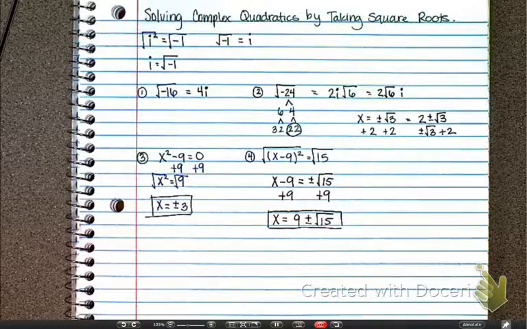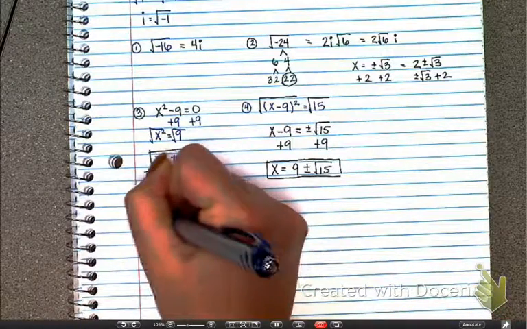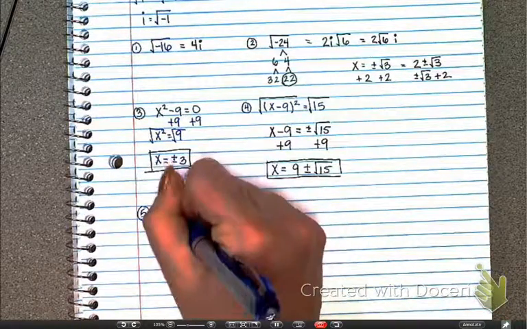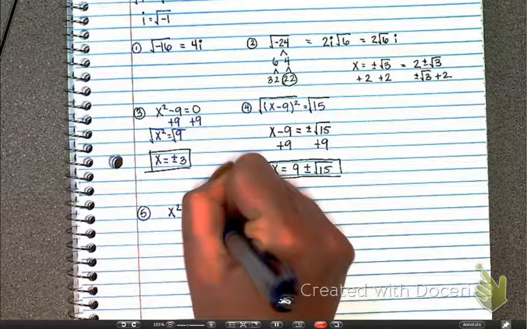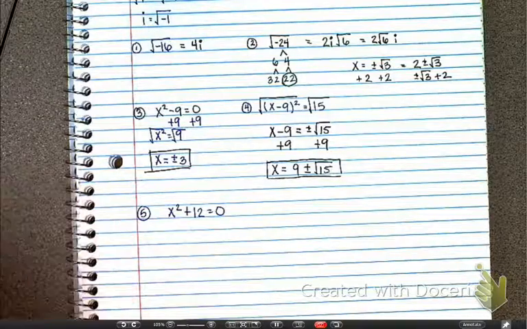Okay, so let's add another layer to this. So x squared plus 12 equals 0. Yeah, let's do it together. What should we do?